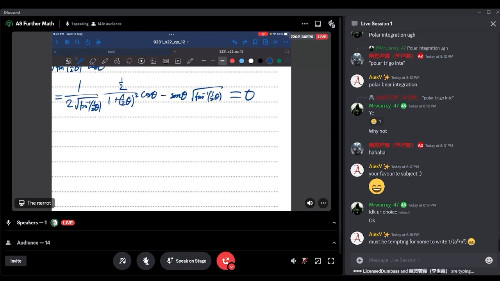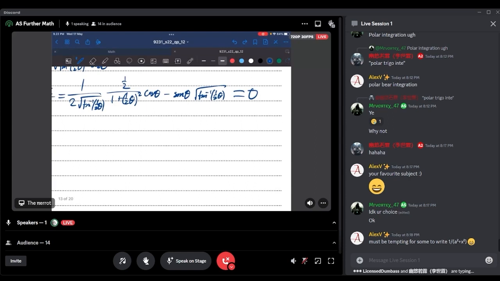And this half multiplied by this is just 1/4. So we have 1/4 times 1 plus half theta squared, cosine theta minus sine theta tangent inverse half theta.